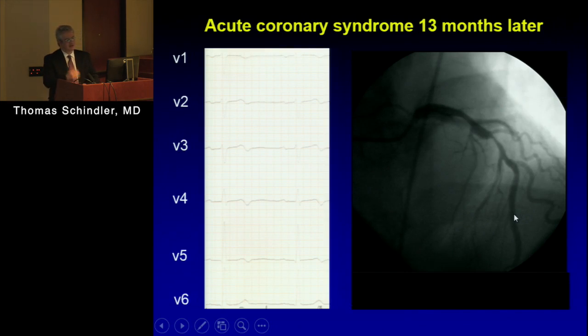And then he came back after 13 months with acute coronary syndrome. And you see that within 1 year, there was a fast progression of the plaque that caused acute coronary syndrome, and the patient had to undergo PCI. So the decrease in flow reserve was predictive of future cardiovascular event burden.